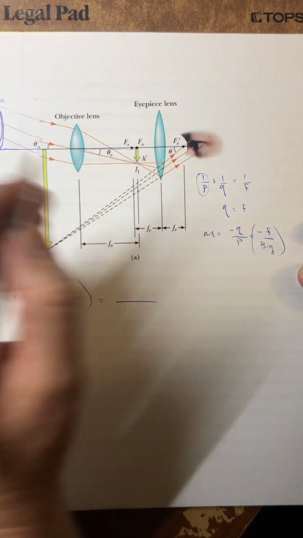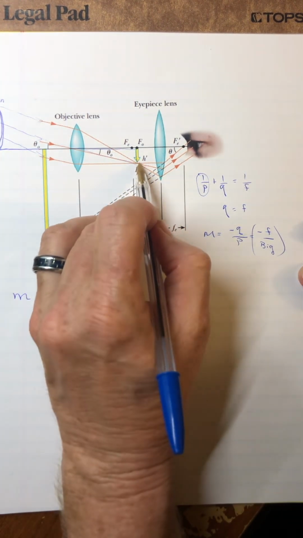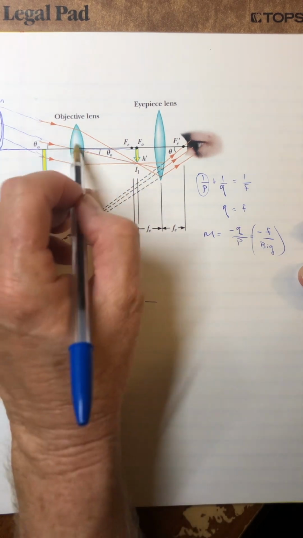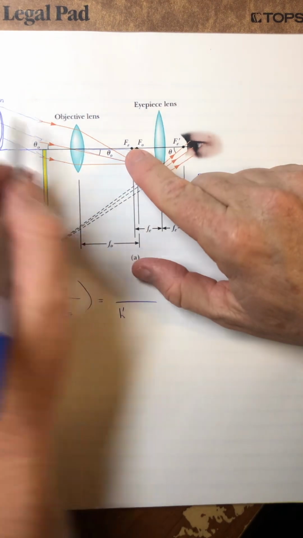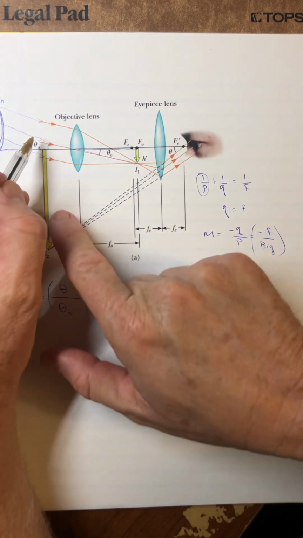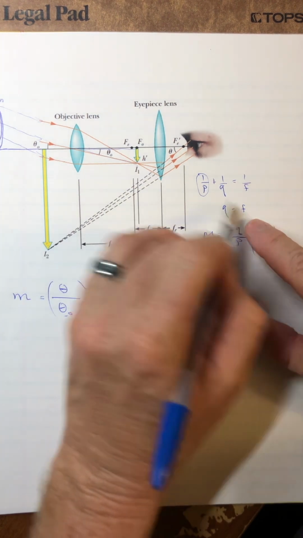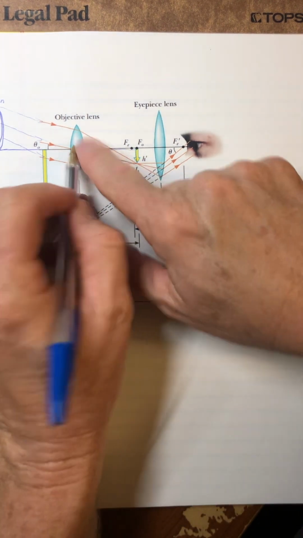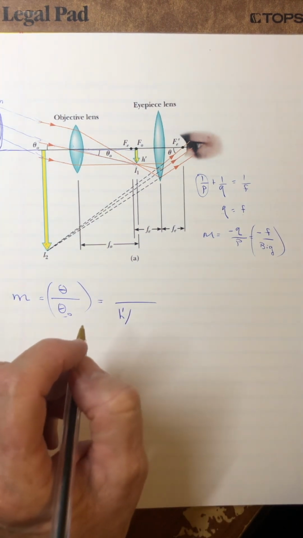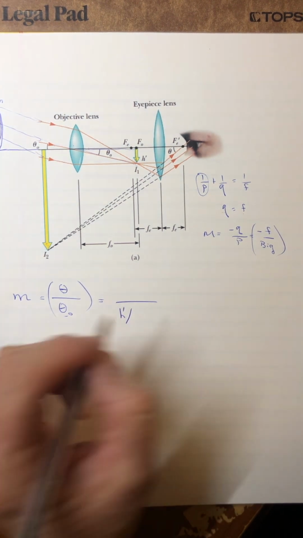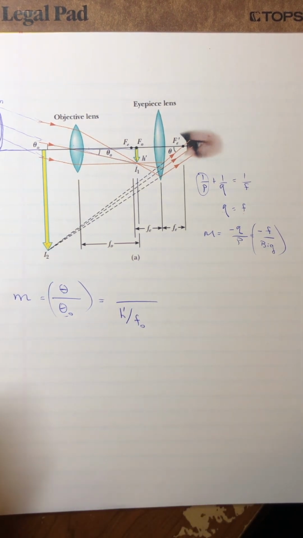And so this angle, theta naught, is basically this h prime, the height of the first image, the image from the objective lens, divided by this length. And since we're looking at something really far away, this image distance, q, is essentially the focal length of the objective piece. So this would be h prime over f of the objective piece.